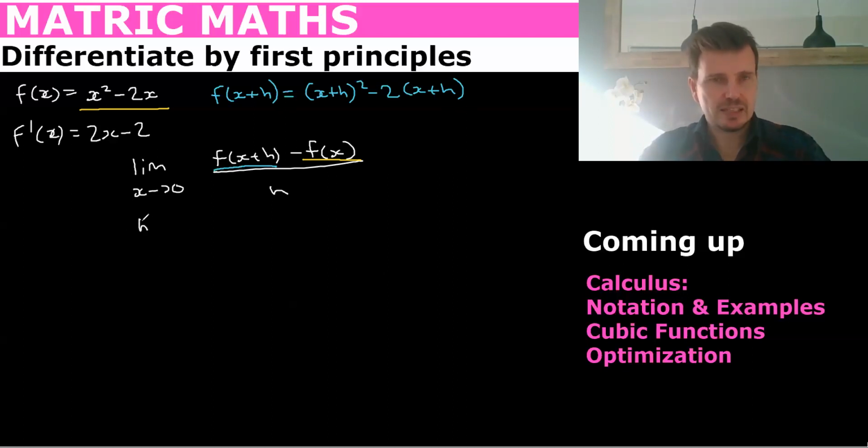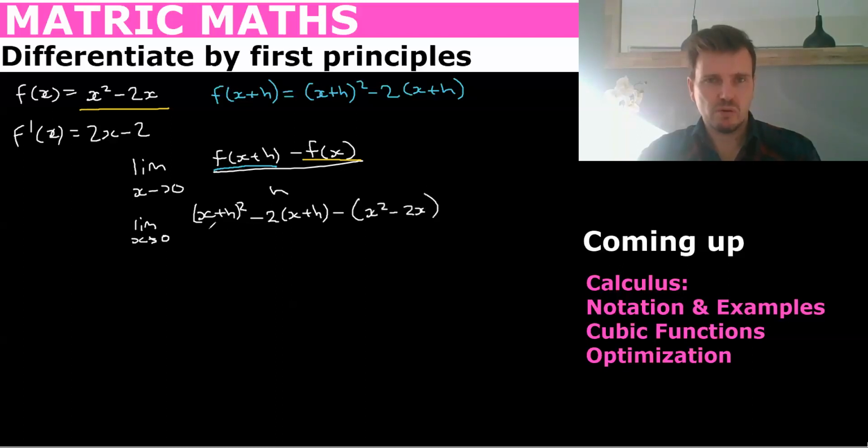Limit as h tends to 0 of f of x plus h is going to be x plus h squared minus 2 times x plus h, minus f of x. So f of x is this bit in yellow. So I've just replaced the f of x with x squared minus 2x, all over h. Okay, so far, very simple, just followed the steps.